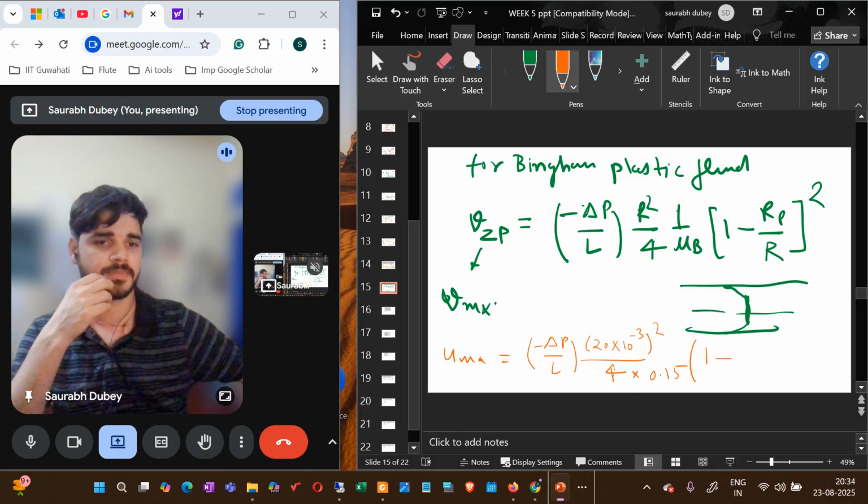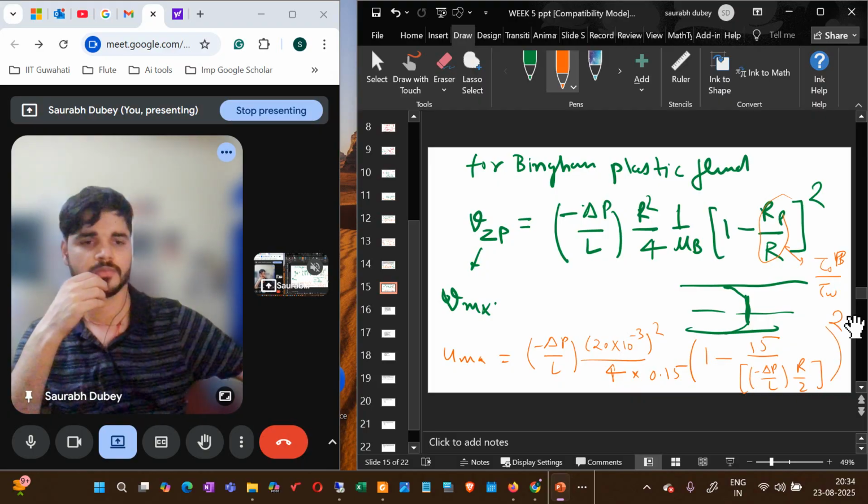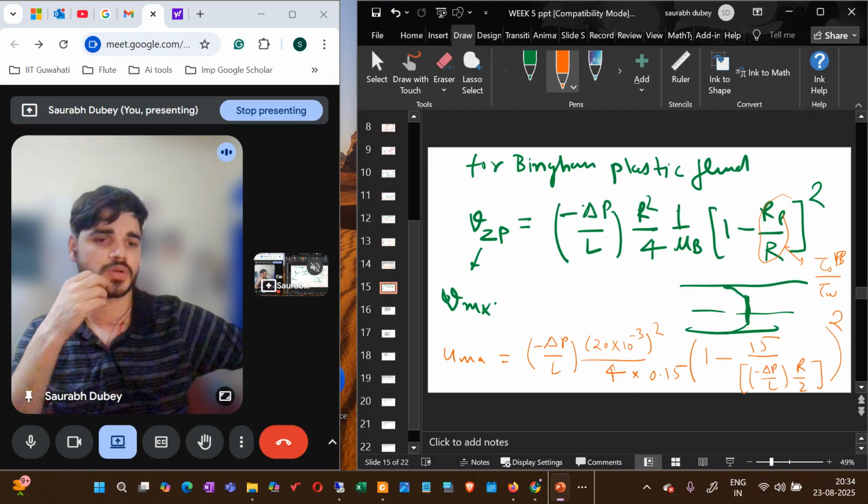You have this Rp by R, which can be converted into tau naught H by tau naught B. And once you convert it to that, you know that this is 15 divided by this, and you know that minus delta P by L is about 2, right? This is squared.